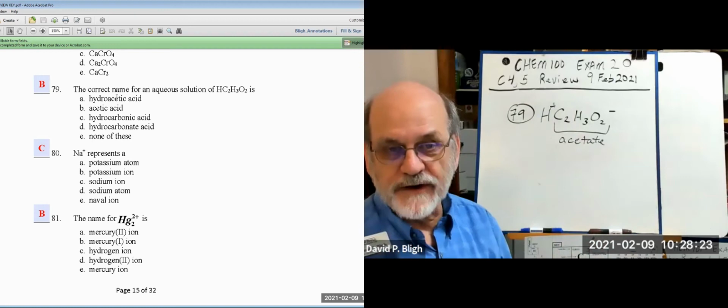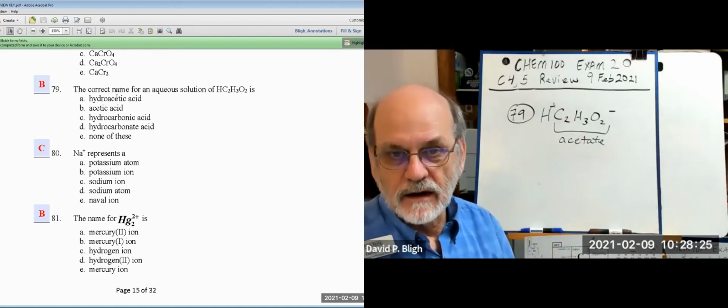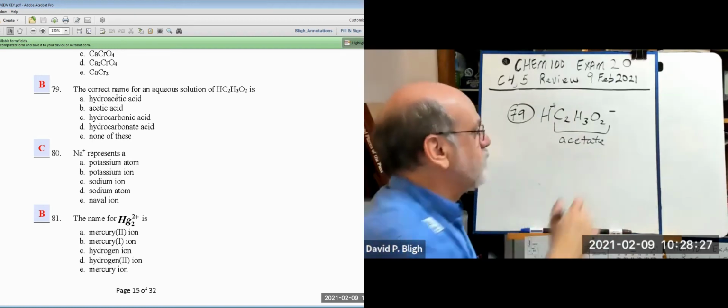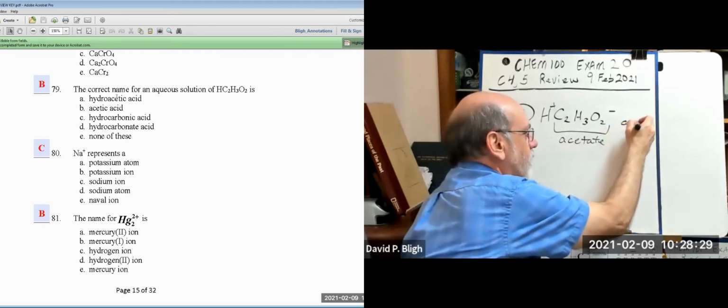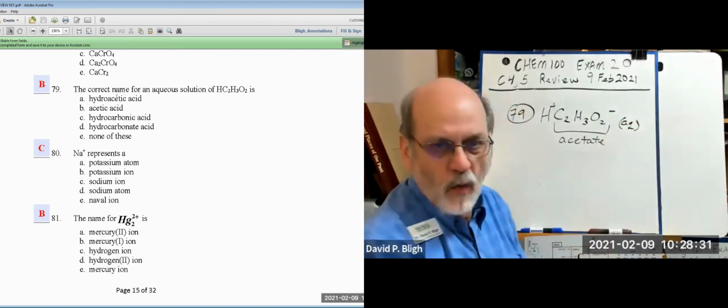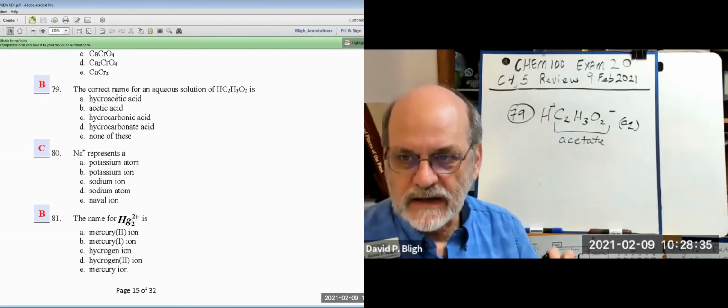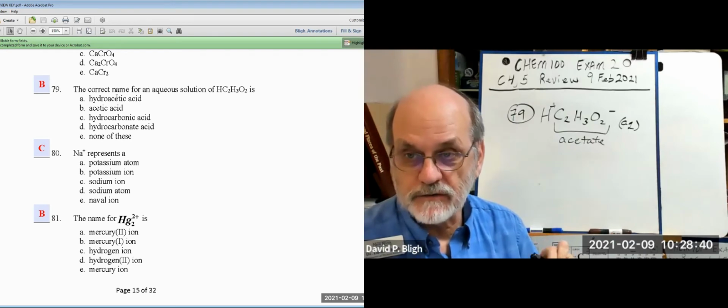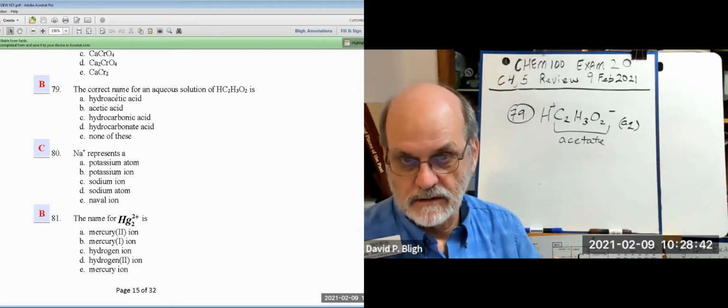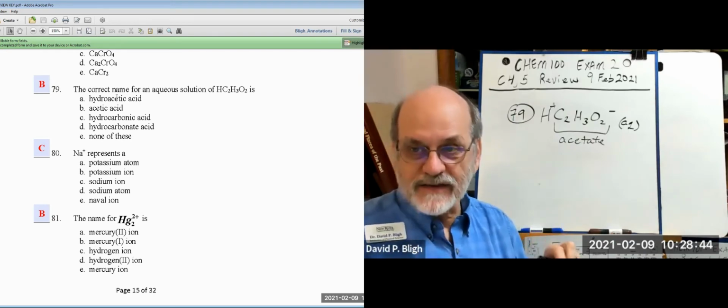Now, is it fair to say, well, it's an aqueous solution, right here. Why is that important? Because only in aqueous solutions do we use the naming convention for acids. Now, how do we know it's an acid?